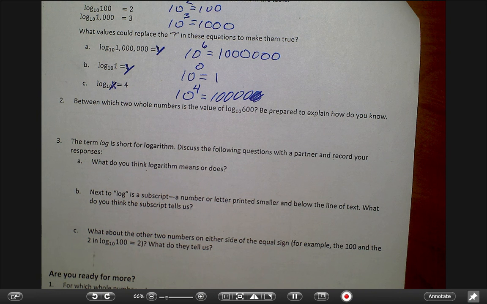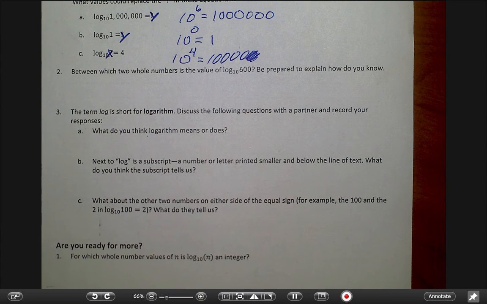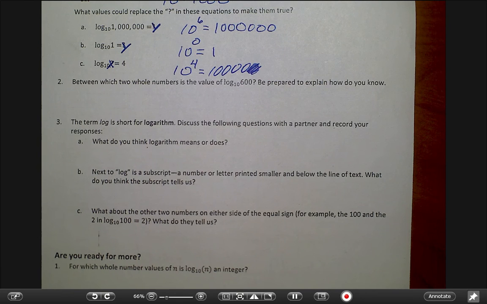All right, so looking at number 2 here. Between which two whole numbers, without shouting it out, is the value of this one going to be? Rewrite it exponentially first. Rewrite it as the exponent first.